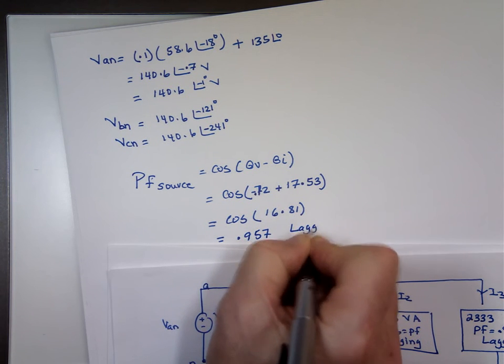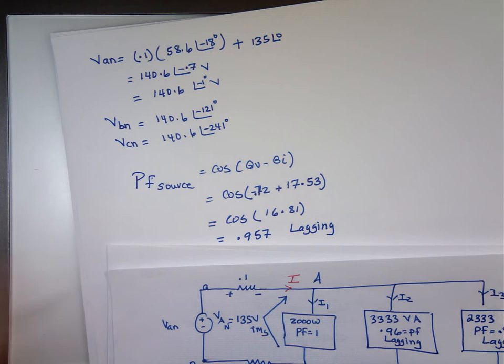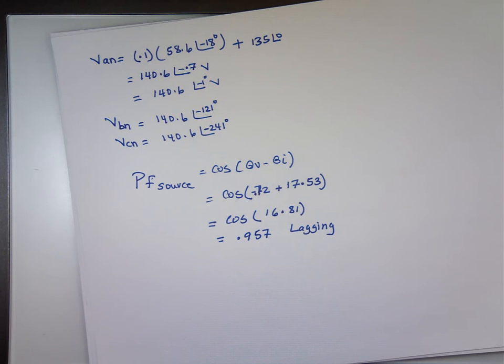If I used 18 and 1, that would be 17, and the answer would be 0.9563 instead of 0.957, so a little hair just off there. And what do they have here? 0.957 lagging. Yep.